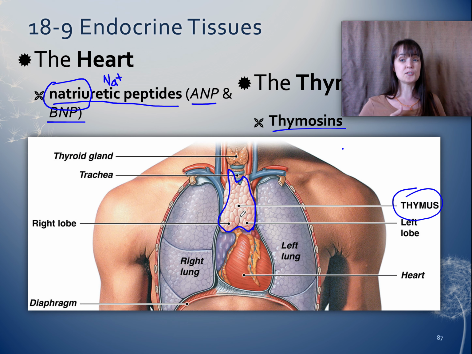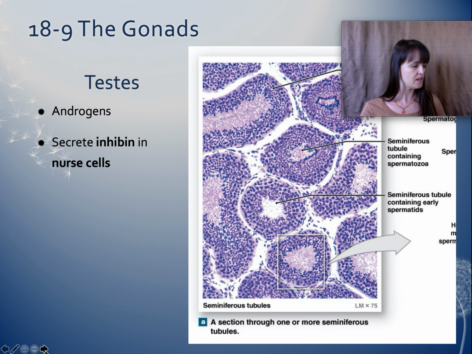It's right behind your sternum. Okay. So the thymus secretes thymosins, which develop and maintain immune defenses. The thymus makes lymphocytes, which are a type of white blood cell, which are very important in immune response. And we'll talk about that.